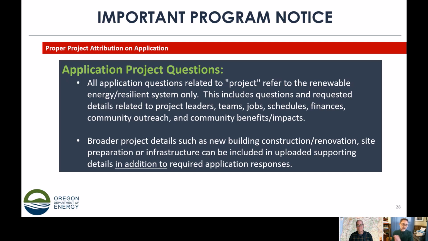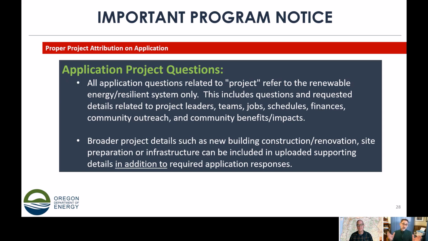Also, before we dive into the project description section, I just want to make a special note that anywhere in the application where you'll see the word project or system, this is referring specifically to the renewable energy system, or that system with a resilient component, that you're proposing as a planning project. This is not a part of maybe a larger, broader construction project that's being proposed that's in the planning stage, or a renovation or something of that nature.